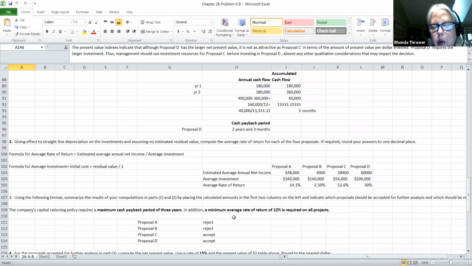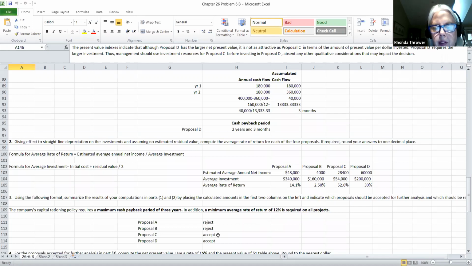Then we're going to look at proposal C and D to see if they met the minimum average rate of return, which was calculated in part 2. So proposal D certainly met that 12%. It was 52.6% for proposal C, and proposal D also met the minimum average rate of return.